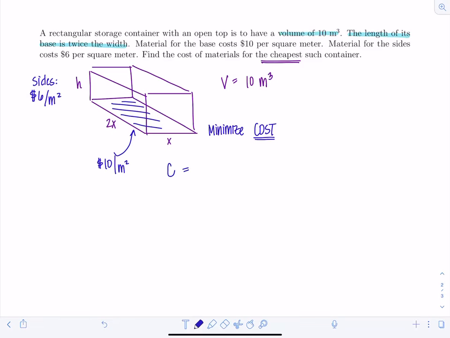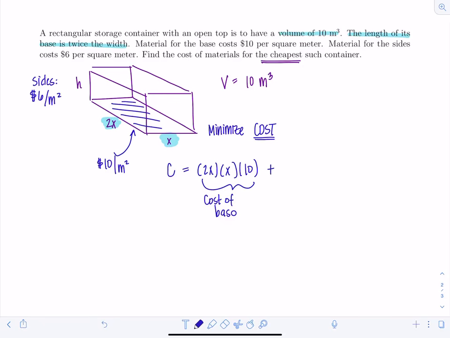Well, what's the area of the base? It's going to be the length times the width. So that's going to be 2x times x. And then what's the cost for the materials for the base? Well, it's $10 per meter squared. So I'm going to multiply this by 10. So this is cost of the base.